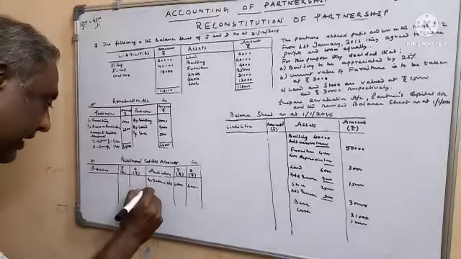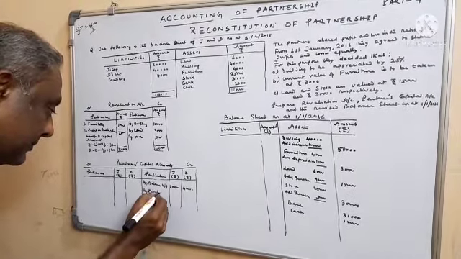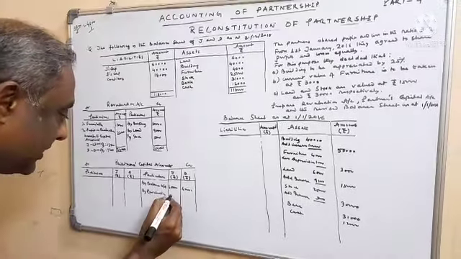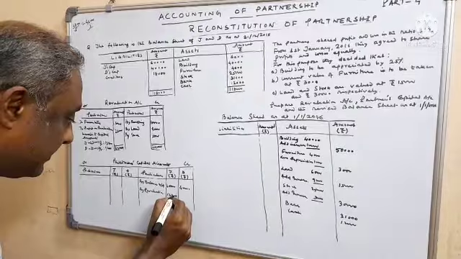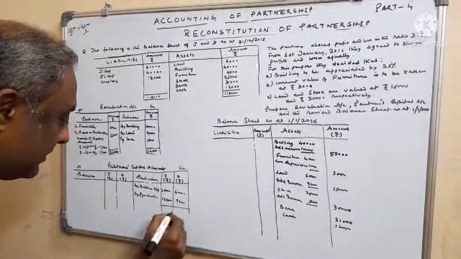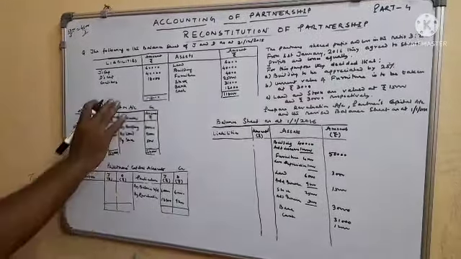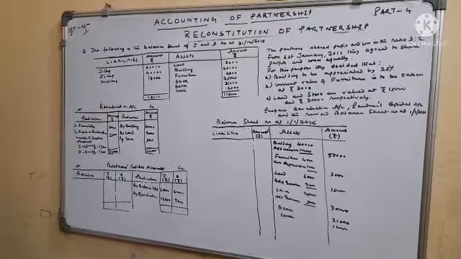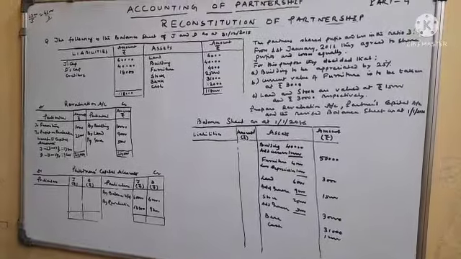I should write by revaluation 13,800, 9,200. So what will be the journal entry for profit on revaluation? Revaluation account debit to J capital, D capital.